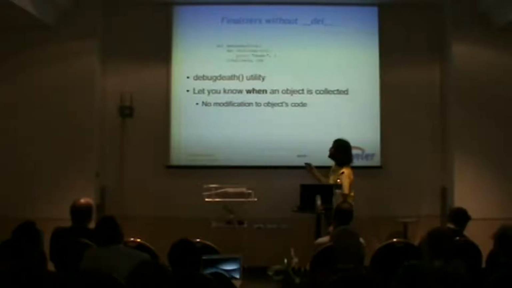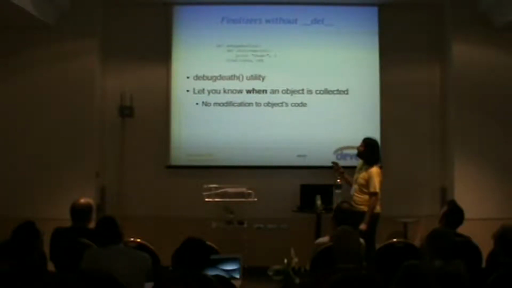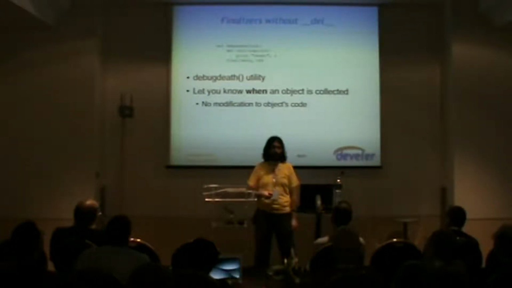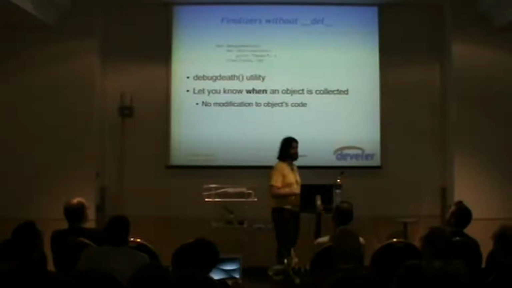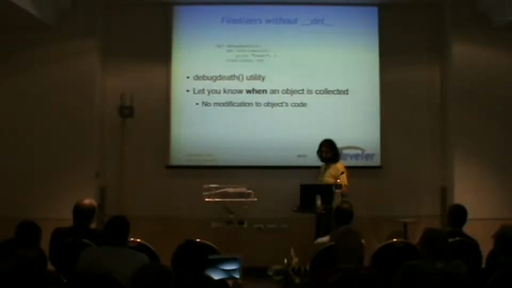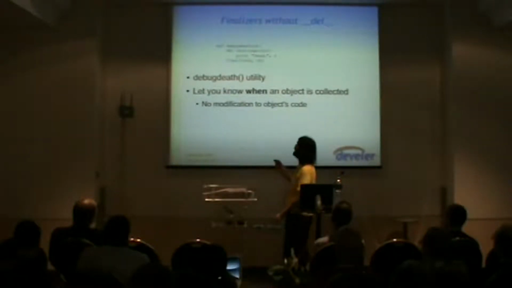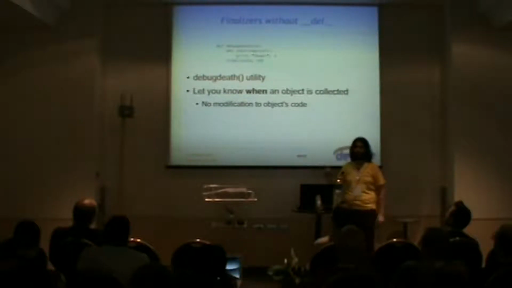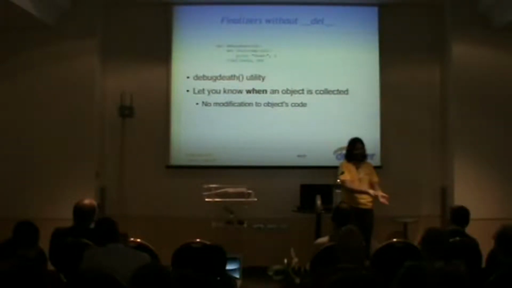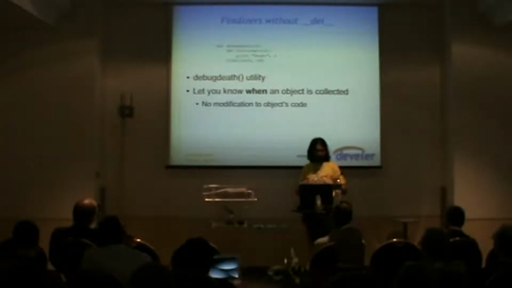Basically, you register a finalizer for O to a function which just does a print, okay? Which is nice because when you're debugging, you probably want to know when an object dies. And the nice thing about this function is that it works for any object. You don't need to add the finalizer to the object or modify its code. You can do it externally, okay?